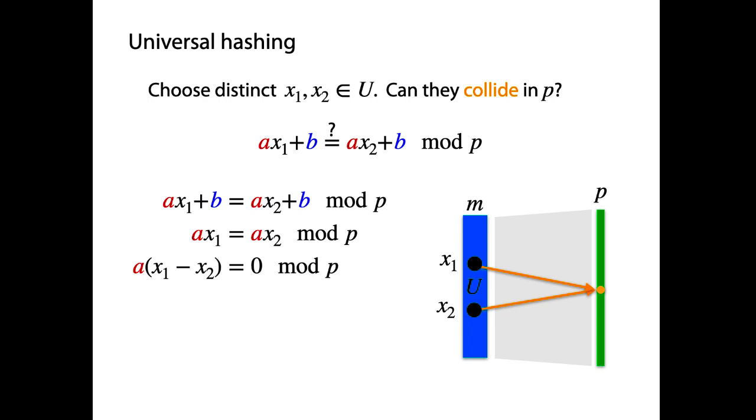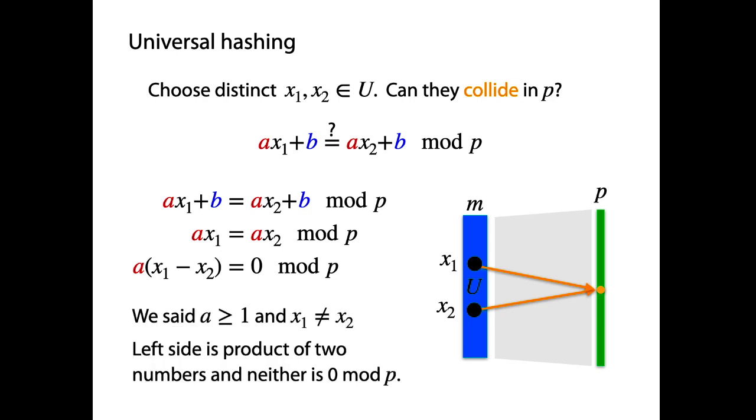So b can be 0, but a cannot be 0. So one thing we know right away, this a is not 0. Also, x1 and x2 are distinct, so x1 minus x2 also can't be 0.